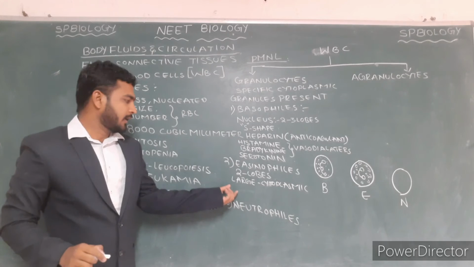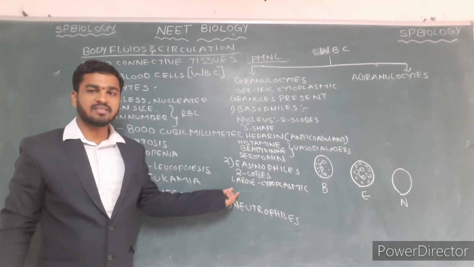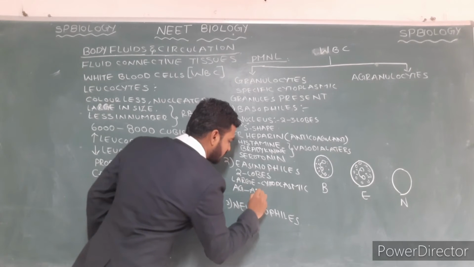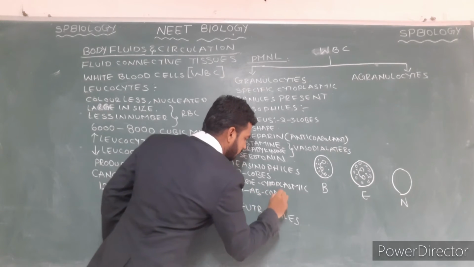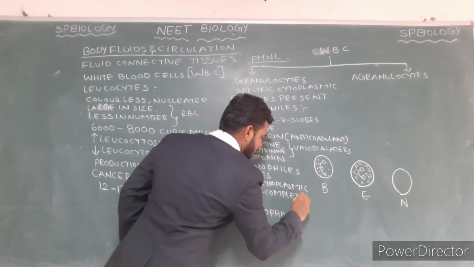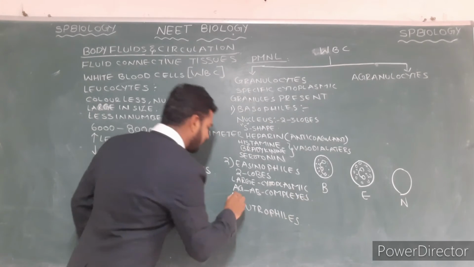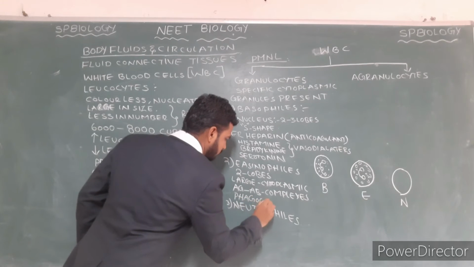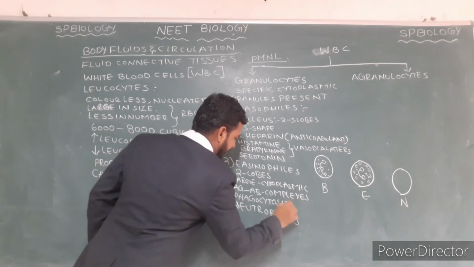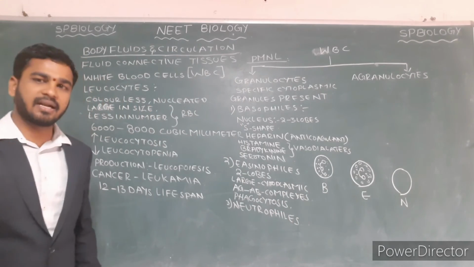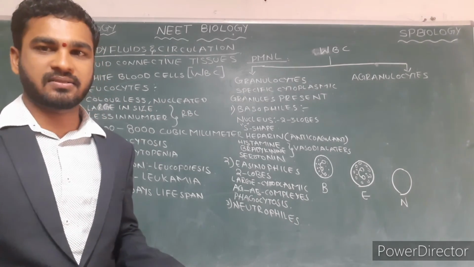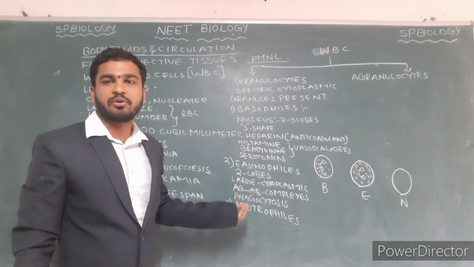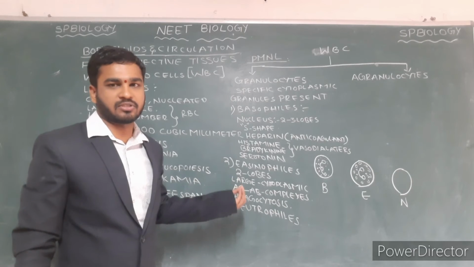Eosinophils, or acidophils, mainly remove antibody complexes from the body. They are also involved in the phagocytosis mechanism. Cell eating or cell killing is known as phagocytosis. But they are not as effective as neutrophils in phagocytosis.